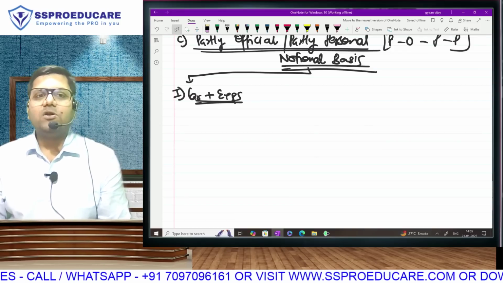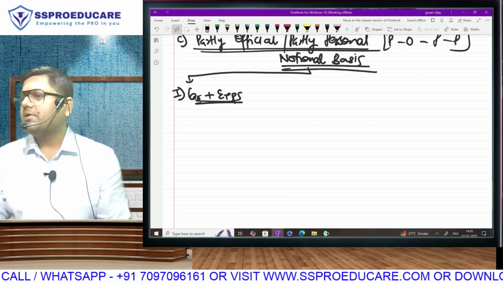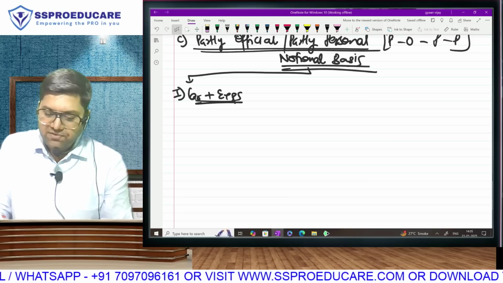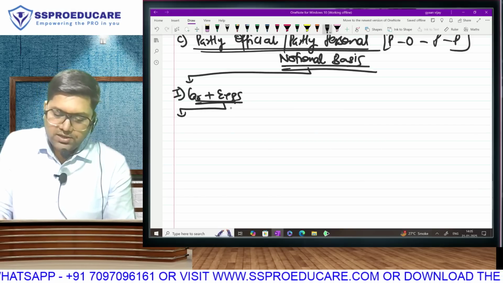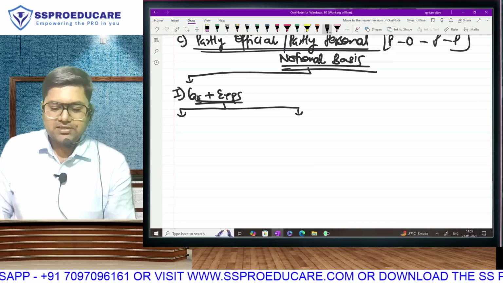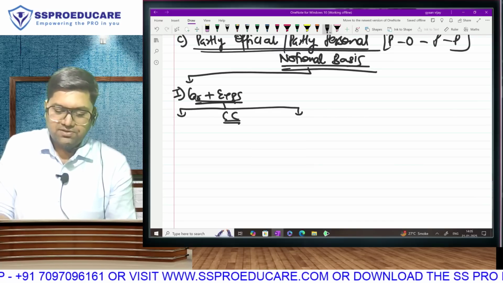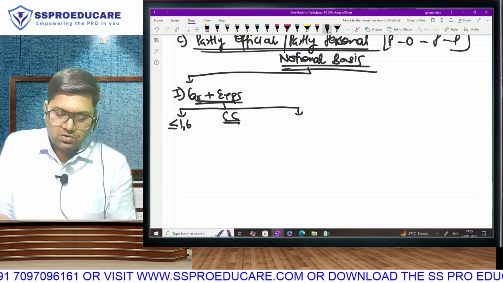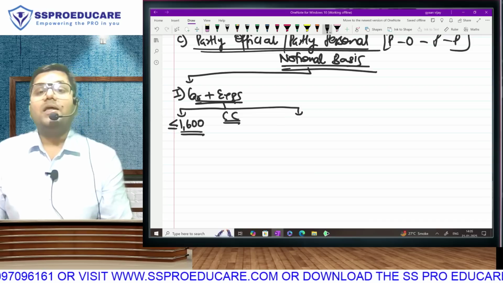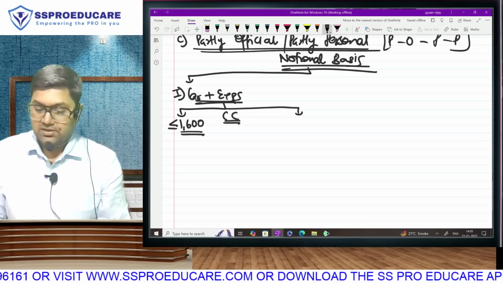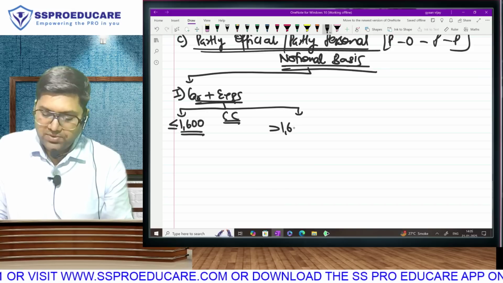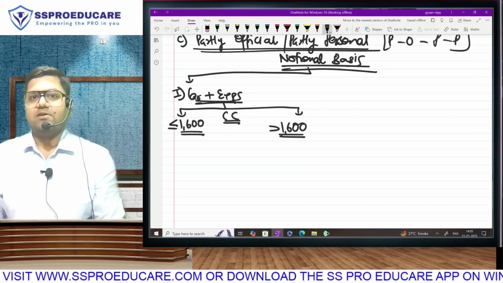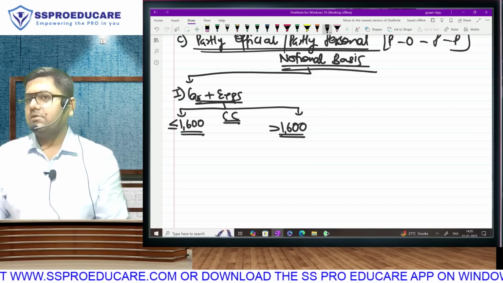It is difficult for us to keep a breakup of kilometers. So on a notional basis, we will check the cubic capacity of the car, the CC. Is this car of cubic capacity less than or equal to 1600, or more than 1600?